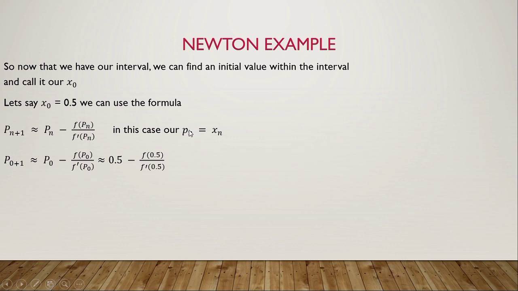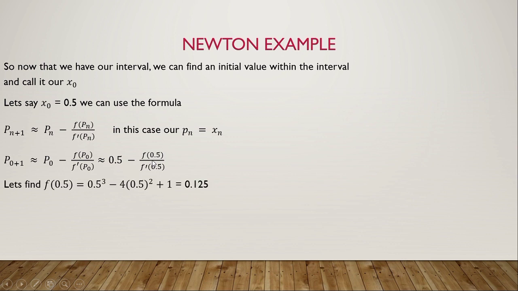So if our P0 is equal to 0.5, and like I said, Pn and xn are used interchangeably, then we have 0.5 minus f of 0.5 divided by f prime of 0.5. In our function, we just have to plug in 0.5.